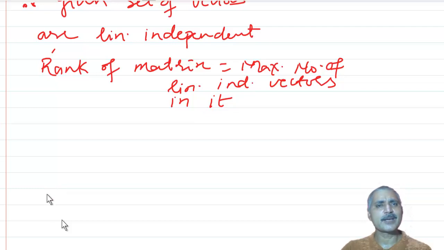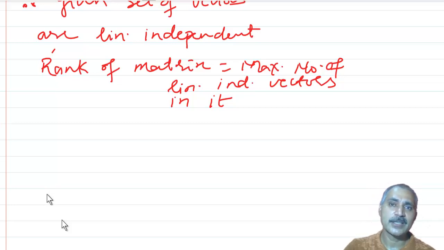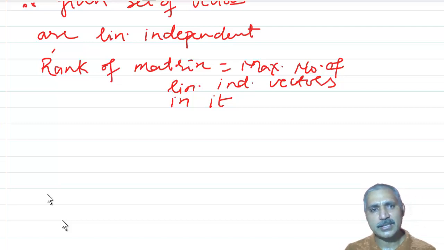Suppose the rank comes as 2 and we are having 3 vectors given to us. That means they are going to be linearly dependent. So always remember, the rank of a matrix is equal to the maximum number of linearly independent vectors in it. So if we are having 3 vectors and the rank comes as 3, that means the given set of vectors are going to be linearly independent.